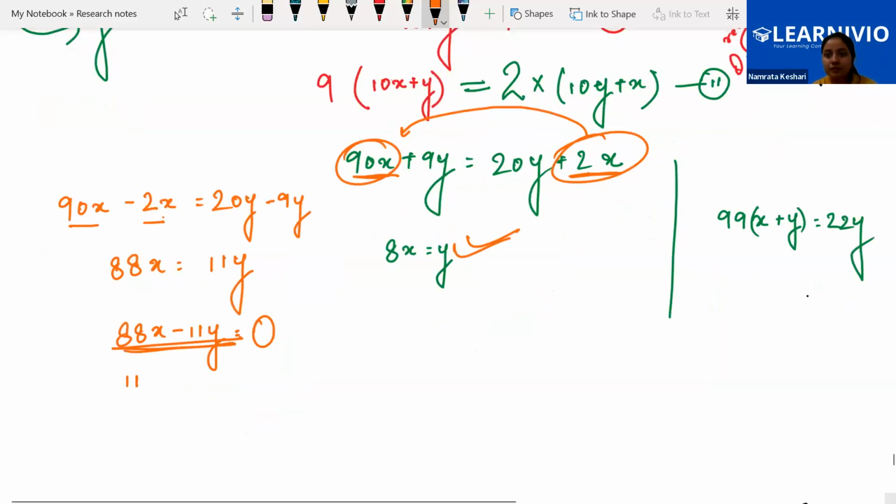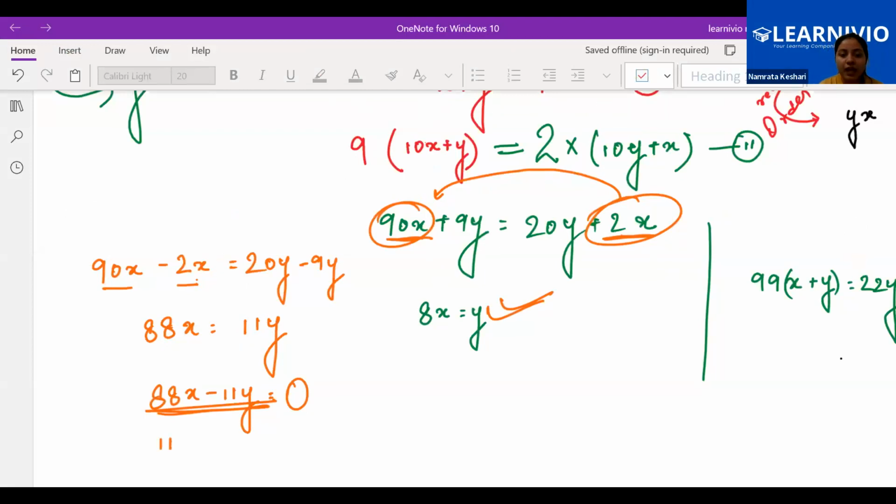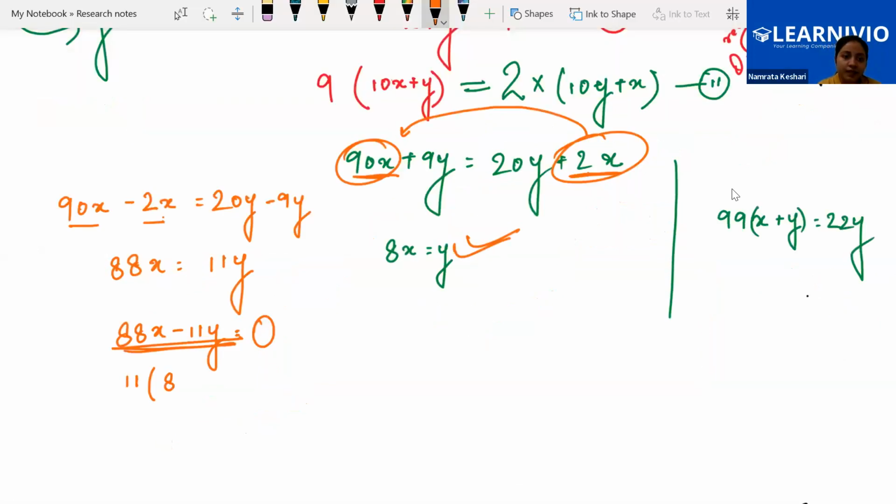So what will we have in the bracket, the remaining part? 8x minus y.